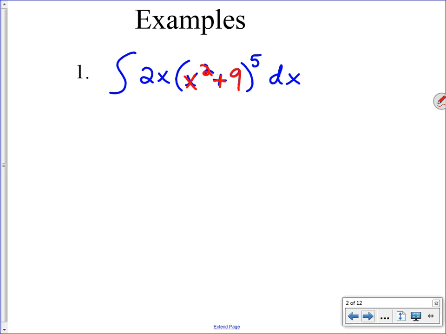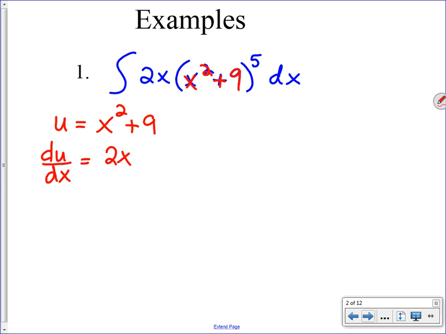So step one, you're going to set u equal to the inside function, and then you're going to find the derivative of that. So that's du over dx equals the derivative of x squared, which is 2x, and the derivative of 9 is 0.